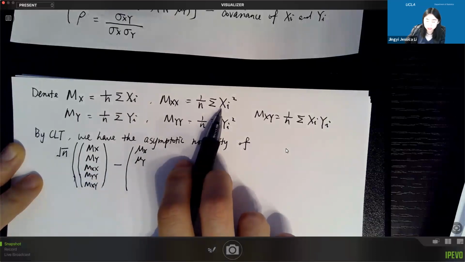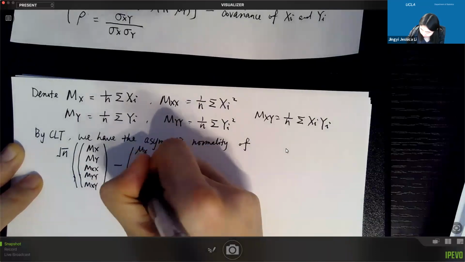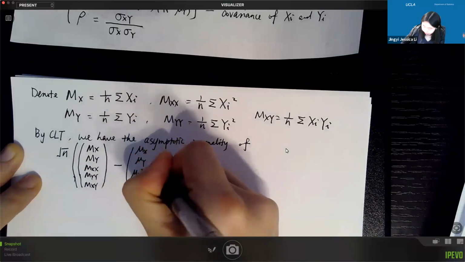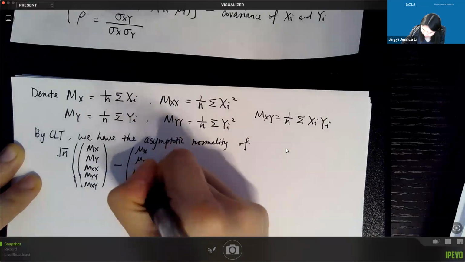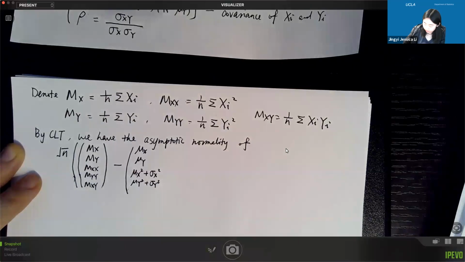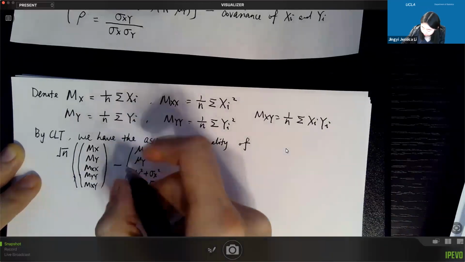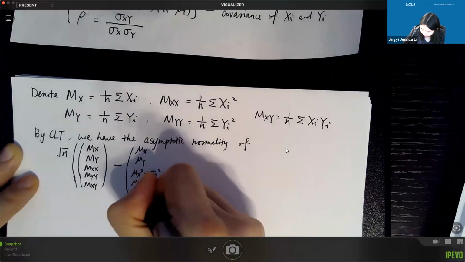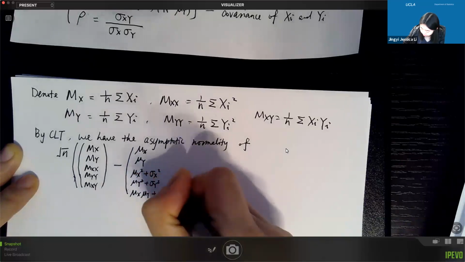Expectation of the square is equal to mean square plus variance. So it's equal to mu x squared plus sigma x squared. And the expectation of this is mu y squared plus sigma y squared. The last one is equal to the covariance plus the product of the means, so mu x mu y plus sigma xy, the covariance.